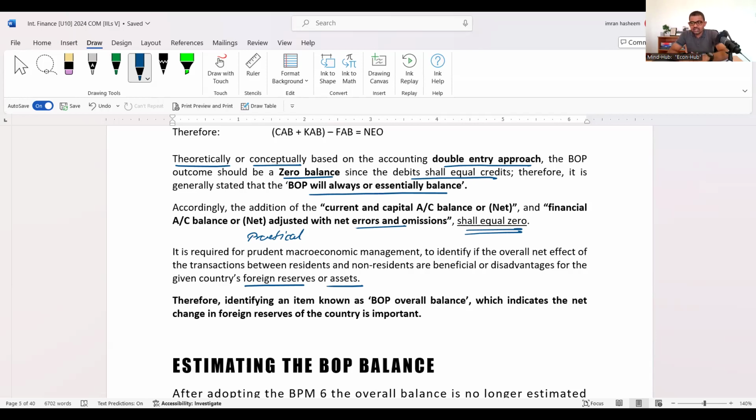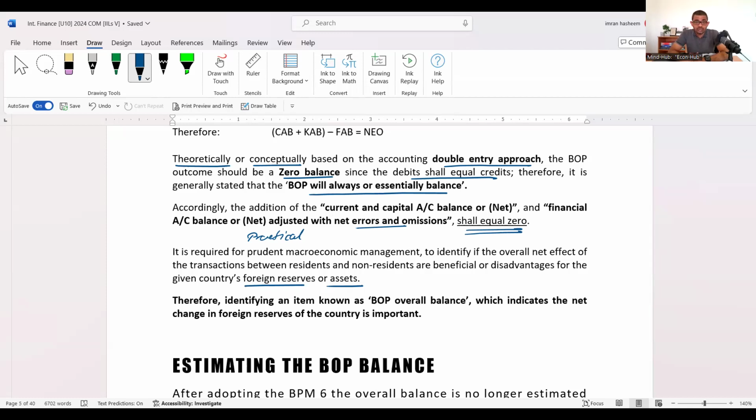No. There was some money we took from our foreign reserves and used to balance the BOP. That amount we took from our foreign reserves to balance the BOP represents a considerable economic impact. It could have an impact on many things, and none more important than the impact on the foreign exchange rate.